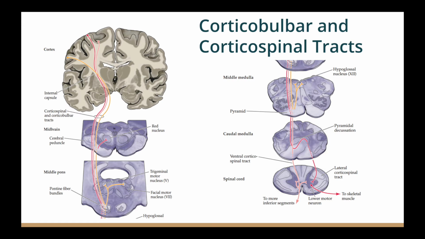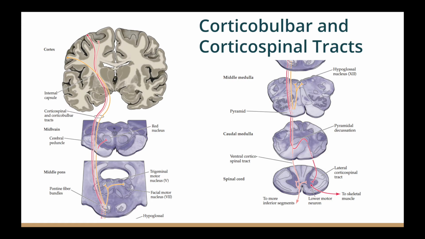The corticobulbar tract is depicted in the gold line on the diagram, where it will also descend into the internal capsule and go into the midbrain in the same region as the corticospinal tract, the cerebral peduncle, and then descend into the pons, where we can see that some of the axons of the corticobulbar tract branch out and synapse with cranial nerve 5 and cranial nerve 7.